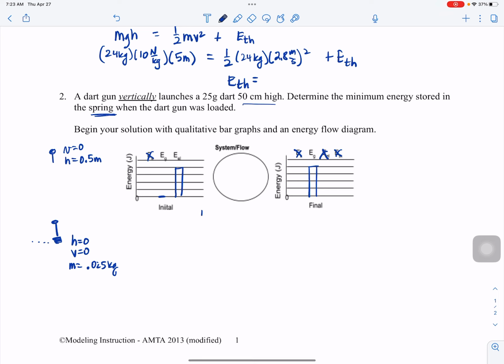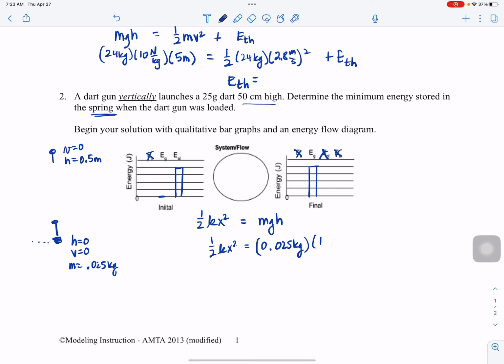Next thing is the equation in variable form. 1/2 k x squared is equal to mgh. That earned you a point. I said that was a critical part of it. 1/2 kx squared is literally what I'm solving for, the energy, so I'm just going to leave that the way it is. And then mgh. What is m? It's 0.025 kilograms.